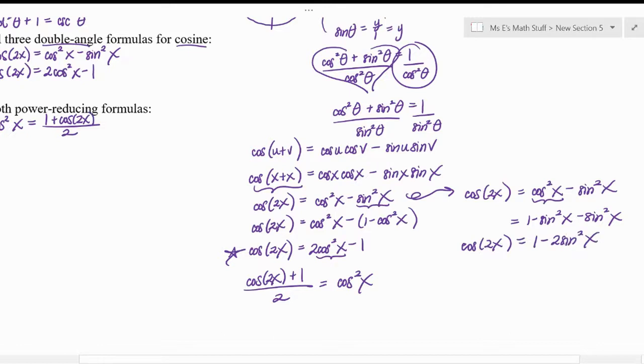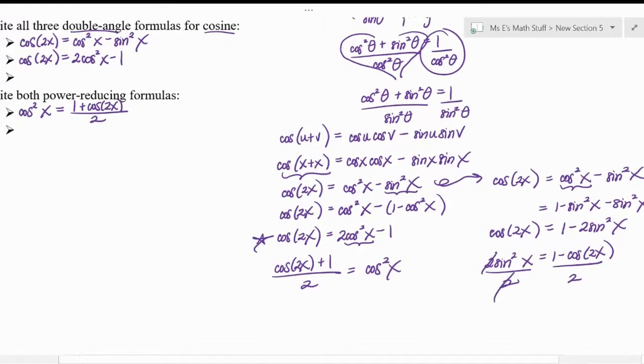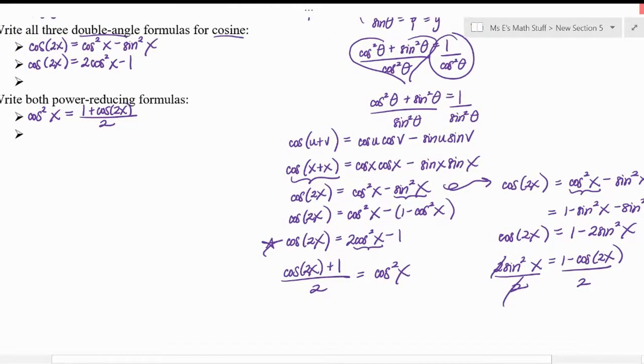To do that, you could add 2 sine squared x over, then subtract cosine 2x over, and then divide both sides by 2. So this is the power reducing formula for sine: sine squared x is equal to 1 minus cosine of 2x all over 2. And to back up, that came from the double angle formula for cosine in terms of sine.